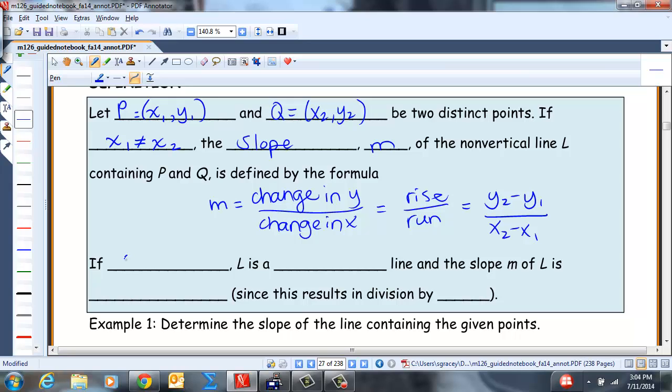Now, if x1 is equal to x2, the line L is a vertical line, and the slope m of L is undefined, since this results in division by 0.